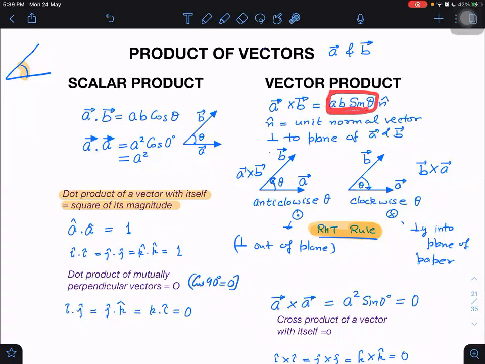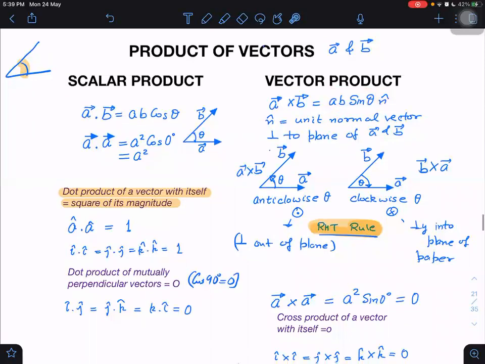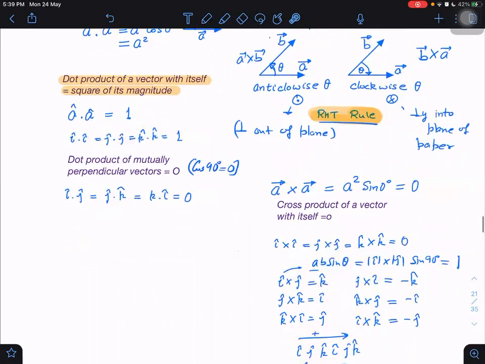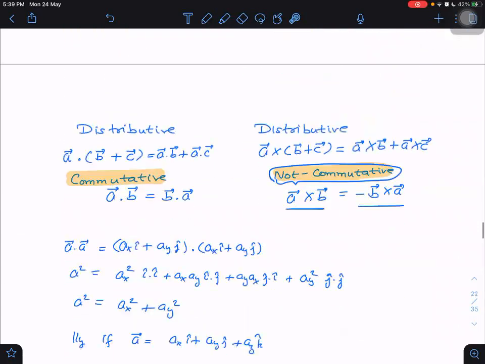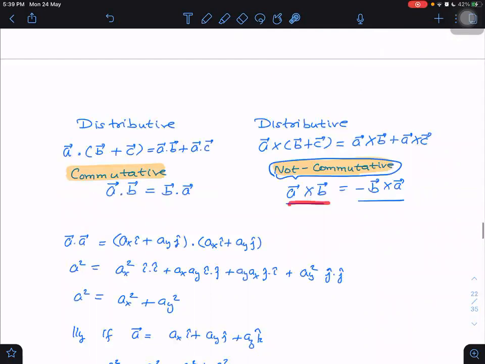Because magnitude is the same and direction is opposite, therefore we can write one vector as negative of the other. Means A cross B can be written as minus of B cross A. Is that okay? Have you understood this? A cross B is minus of B cross A.